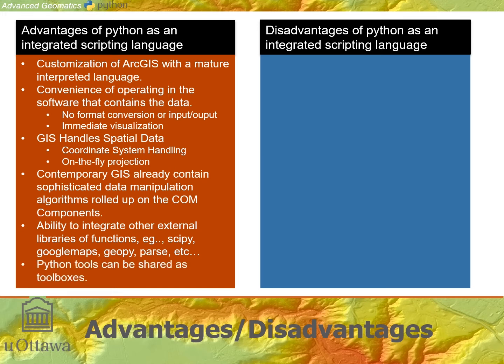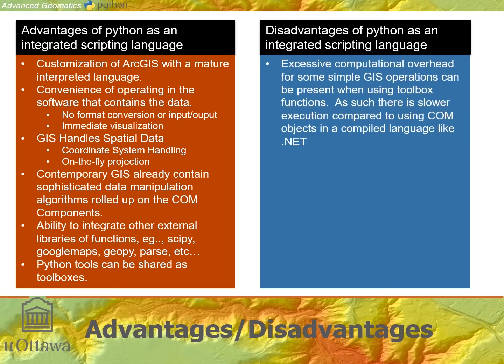Disadvantages of Python? Well, because each object has to encapsulate all of the functions and methods to work with data, it has to also work with any type of data that would come in.